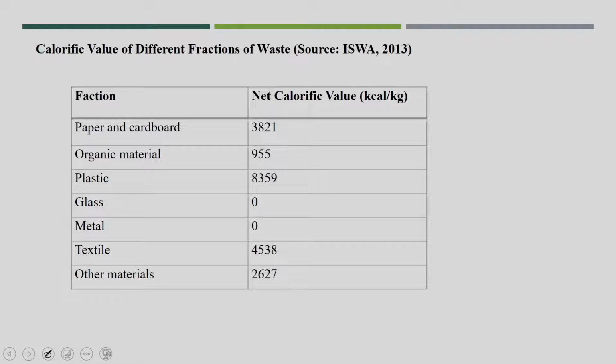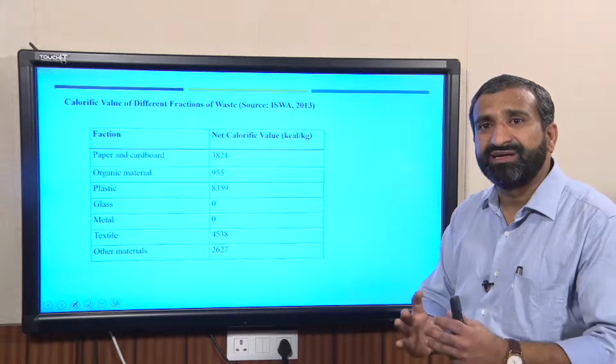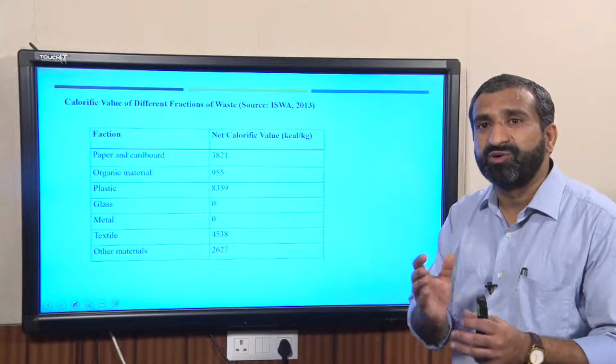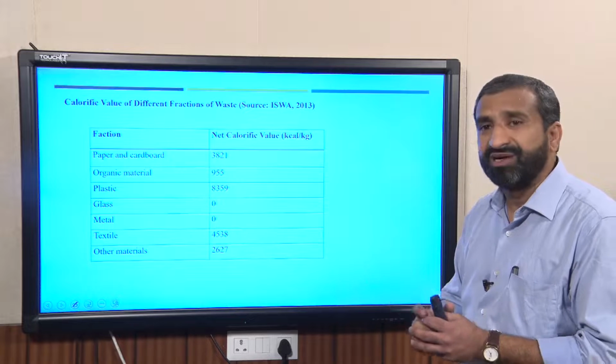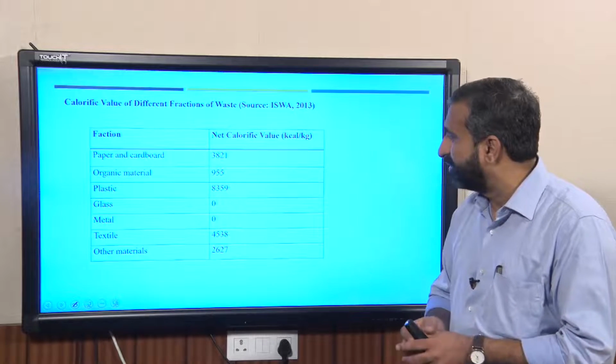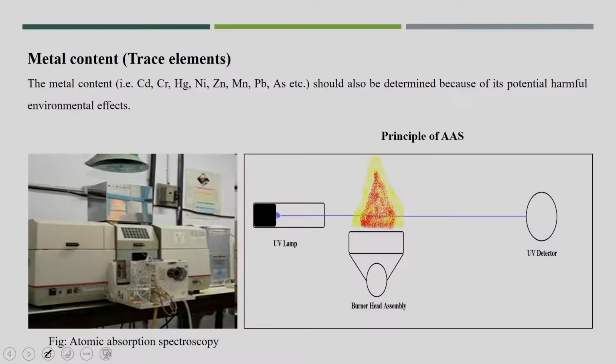Such kind of waste is not good for the combustion facility. If you get separated paper, cardboard, plastic, textile, this material is highly combustible, with net calorific value of more than 3000 to 5000 kilocalorie per kg, and metal and glass do not have any calorific value.